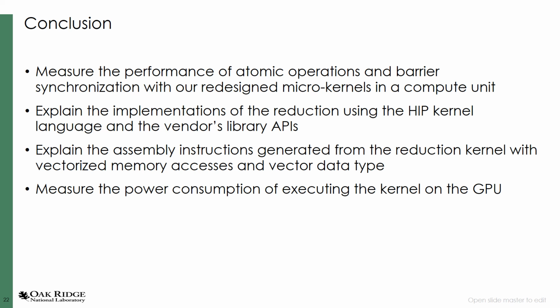Reading the assembly instructions generated from the vectorized reduction kernel allows us to have a better understanding of the behavior of the hardware. The power consumption of executing the kernel on the GPU fluctuates between 277 watts and 300 watts, while the dynamic power consumption of other GPU activities is at most 31 watts.